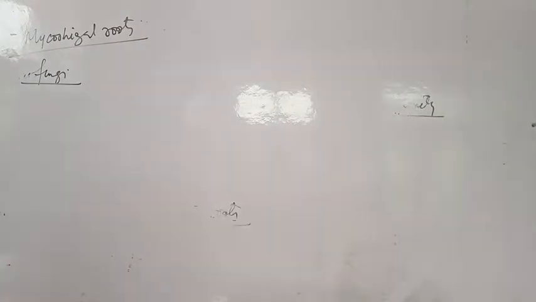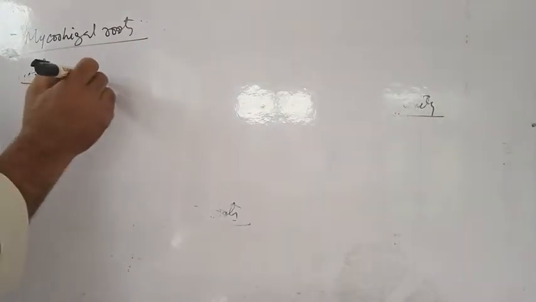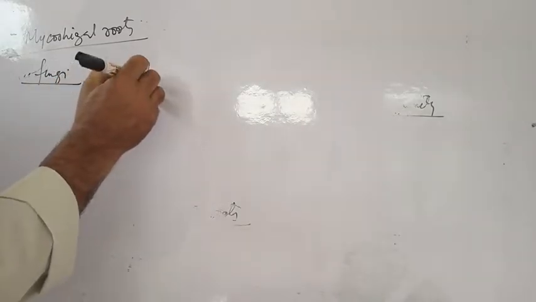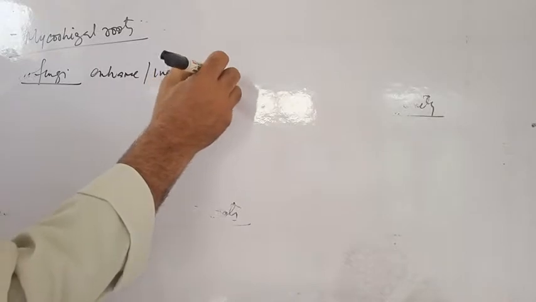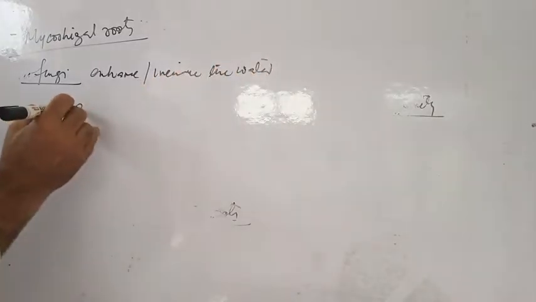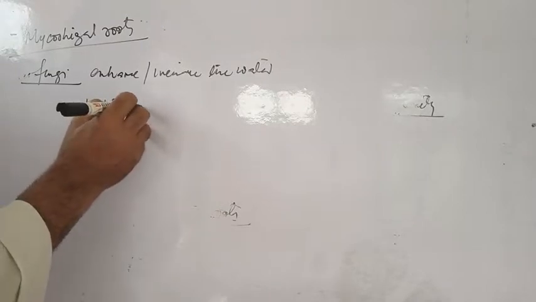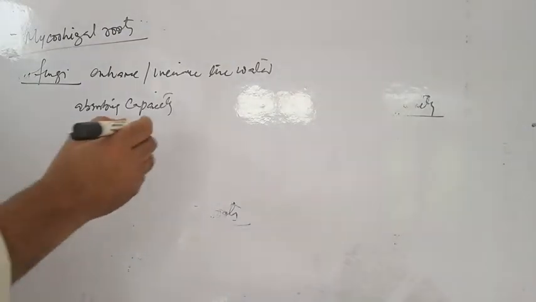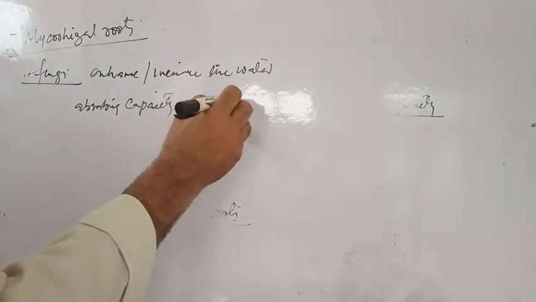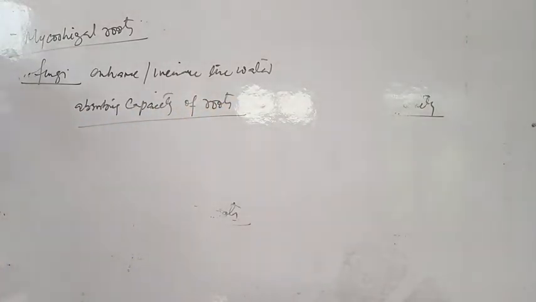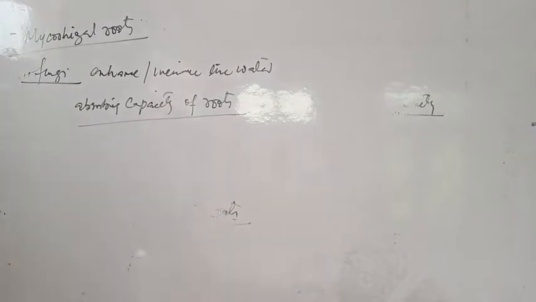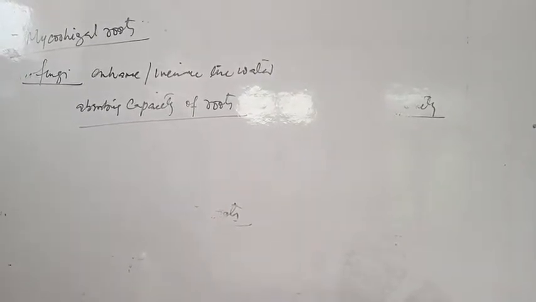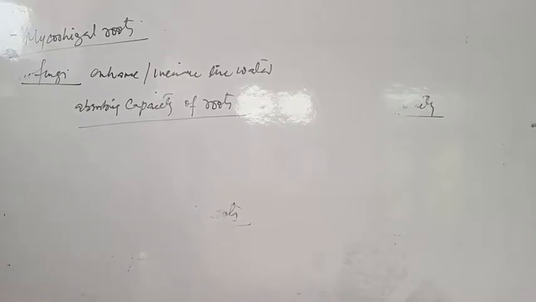The fungi which are in association with these roots increase the water absorbing capacity of roots, while in turn roots provide food and shelter to the fungi. That is why these are called mycorrhizal roots.